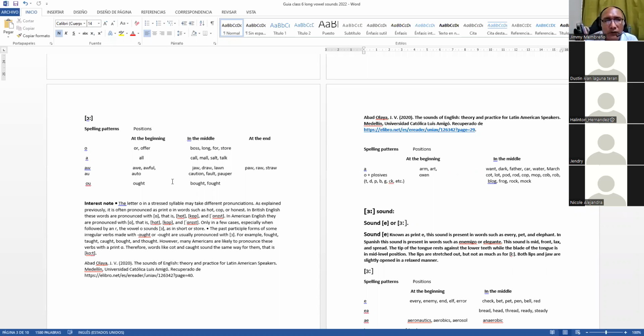In the middle, we have the words boss, long, for, store. Usually an O that is followed by an R is pronounced "or". So that's the sound: or, offer, boss, long, for, store.